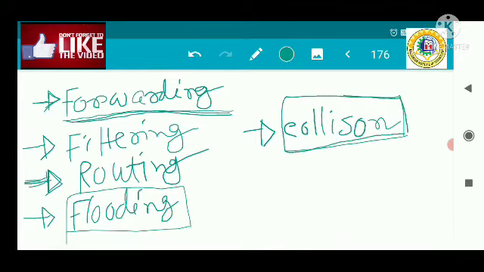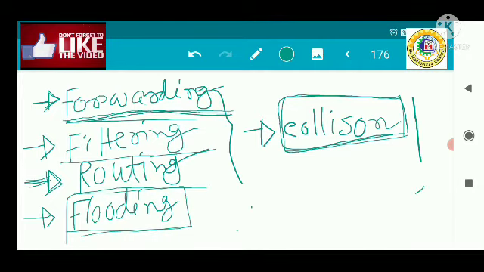Not all networking devices can perform all the functions, and we will study in this lecture how many functions can be performed with the help of the router.